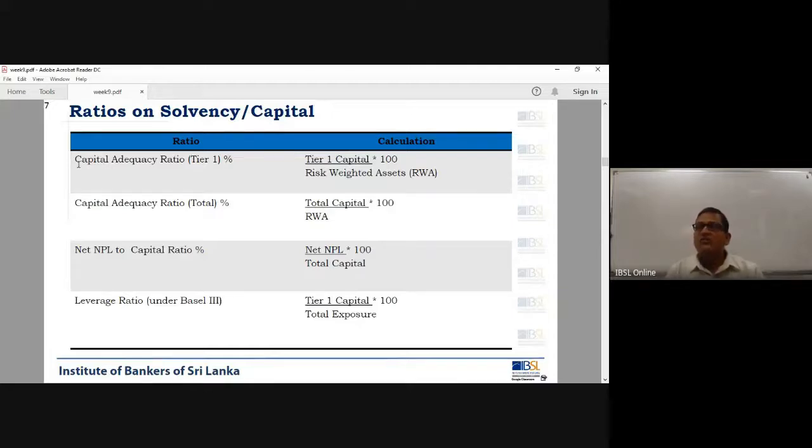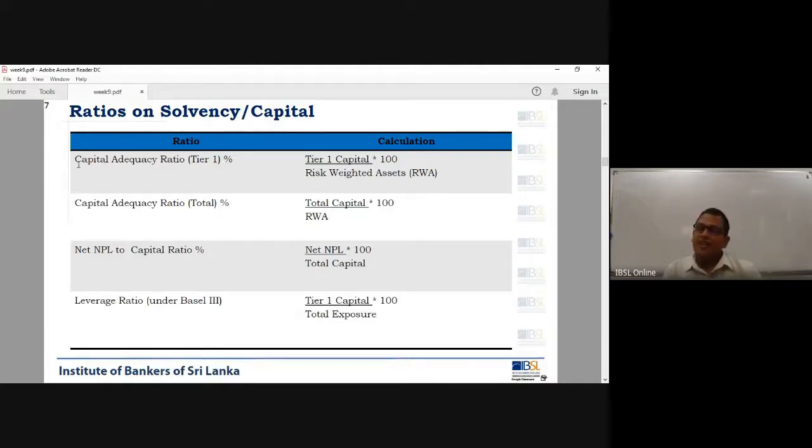It is a long-term funding source, but not really capital. So, being of hybrid nature, it can be included in tier 2 capital. Tier 1 and tier 2 comprising both are mentioned as total capital. So that is the total capital adequacy ratio, calculated as total capital divided by risk-weighted assets multiplied by 100.